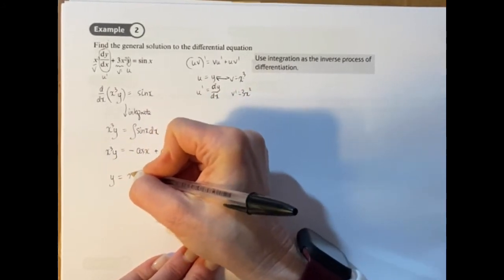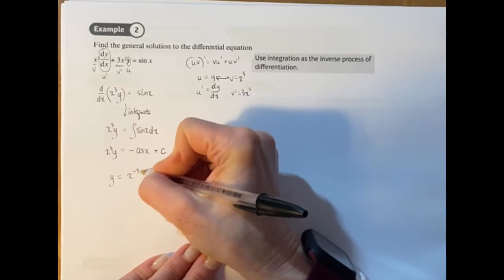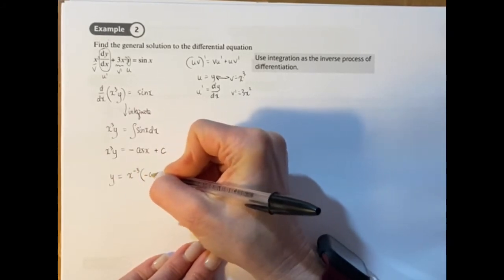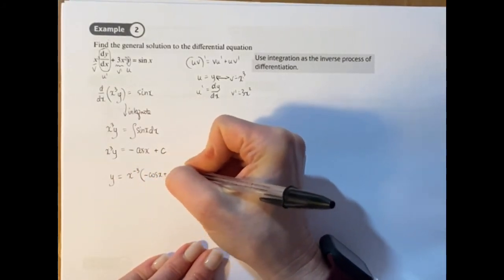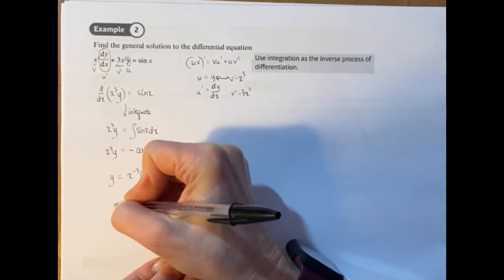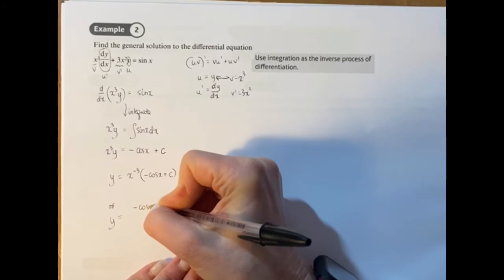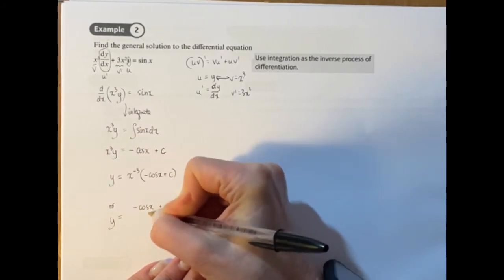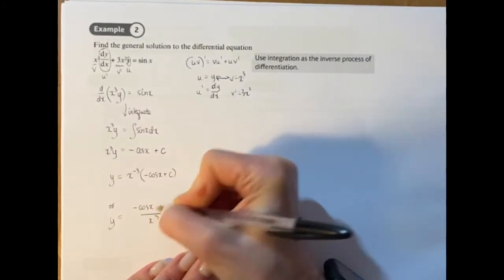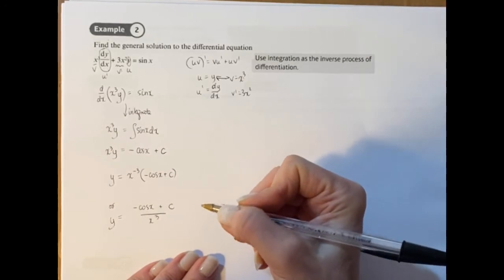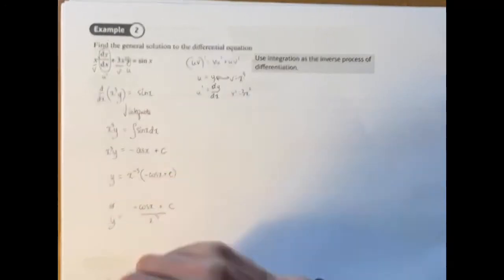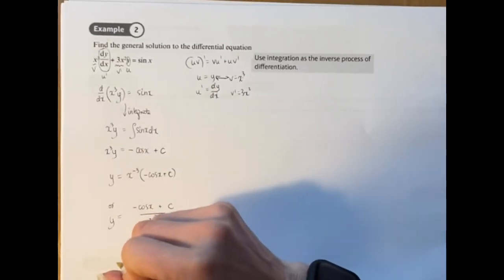So you could write it as x to the power of minus 3 multiplied by minus cos x plus c, or you could say y is equal to minus cos x plus c over x cubed, anything like that. And make sure that you protect this with brackets if you choose the first option.